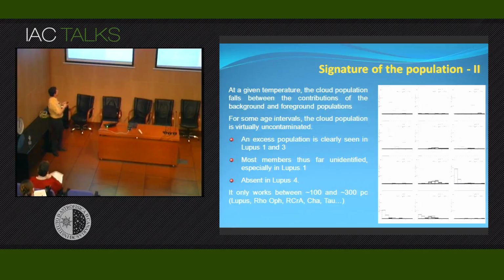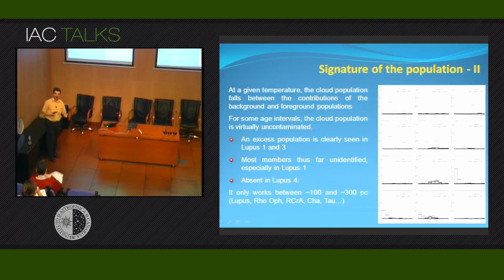But we have a secondary peak here in Lupus 1, clearly seen in this part of the histogram, also at cooler temperatures, here and here. We see it even more prominently in Lupus 3. Look here, a broad peak, which subsists as we go to lower and lower temperatures, and it is almost absent in Lupus 4. So this is a signature of the population associated with the clouds.